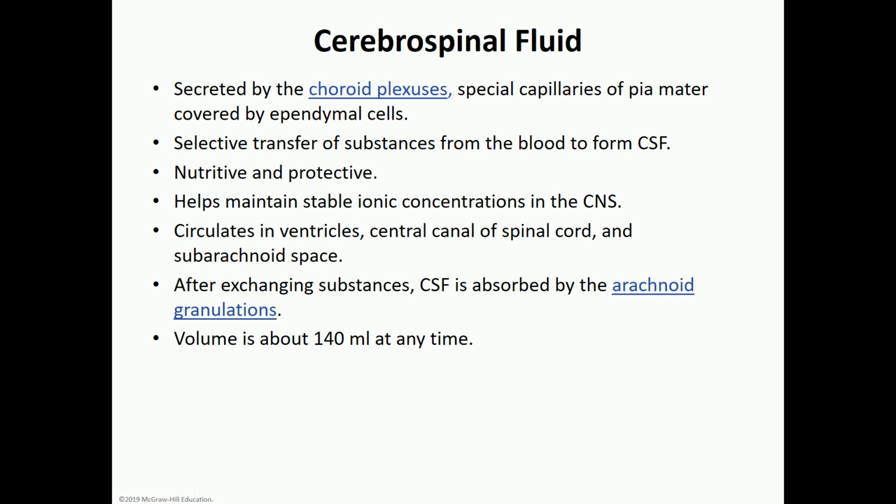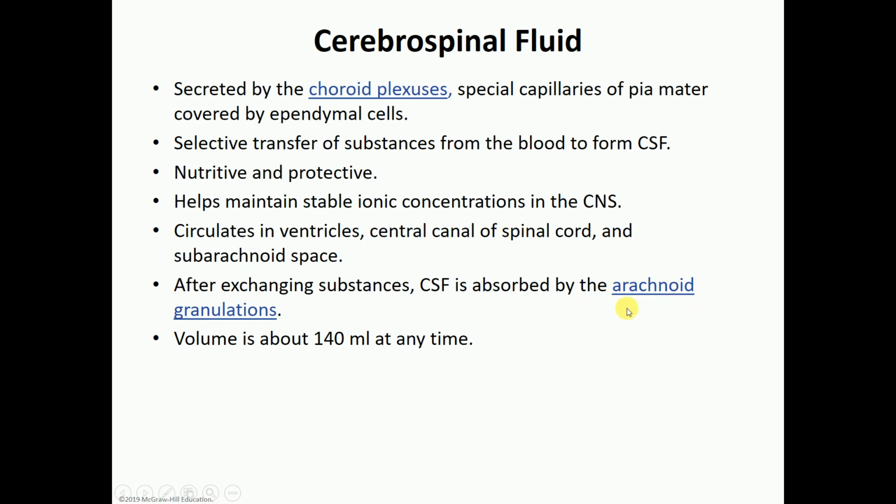So when we talk about how an action potential works, we talk about lots of sodium and potassium ions that are needed. So we want to make sure that these ion concentrations are within normal ranges. That CSF is going to circulate in the ventricles, as we mentioned, to the third ventricle, then down through the cerebral aqueduct to the fourth ventricle, down the central canal of the spinal cord, and then it will be absorbed by the arachnoid granulations.